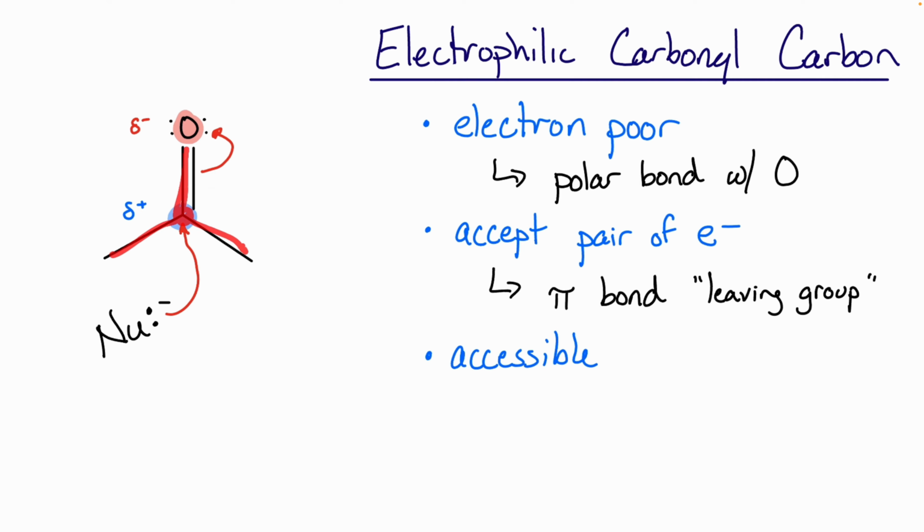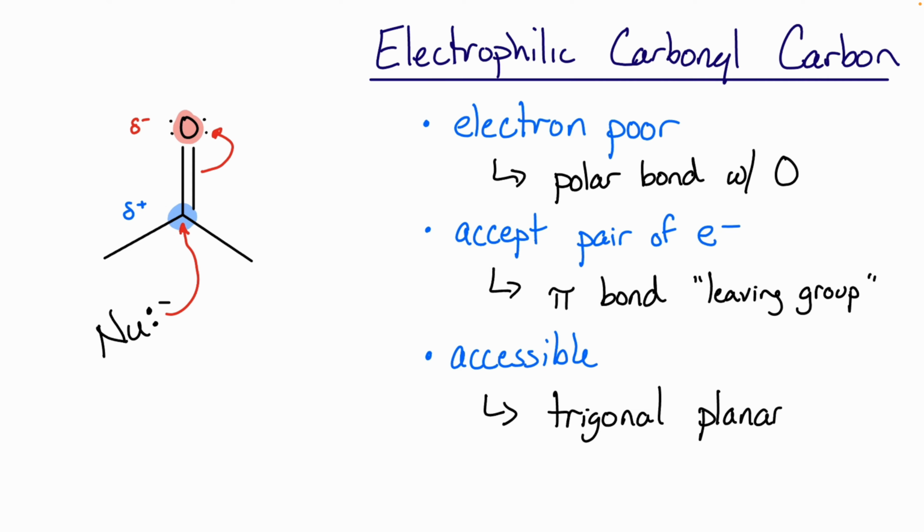So in a molecule, let's say that you have a big, long molecule. Once you get to that carbonyl group, the molecule's flat at that particular region. So it's really easily accessible to get to your carbonyl carbon. So accessible because it's got that trigonal planar geometry. All right, so carbonyls are good electrophiles. They check all the boxes. They're electron poor, they can accept pairs of electrons, and they're nice and easily accessible.